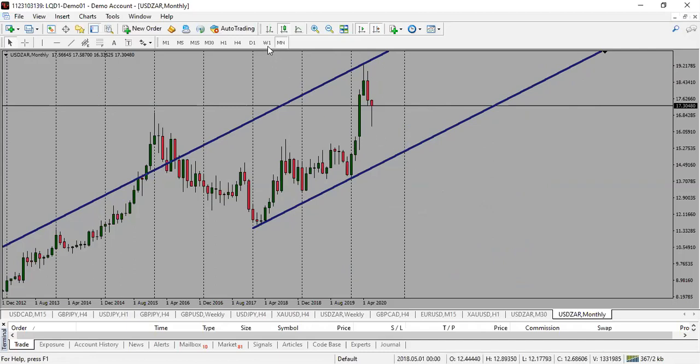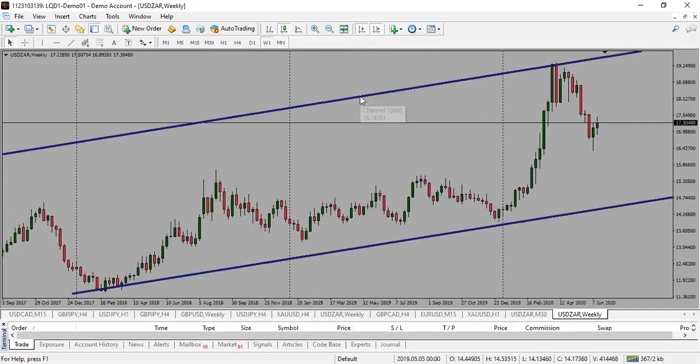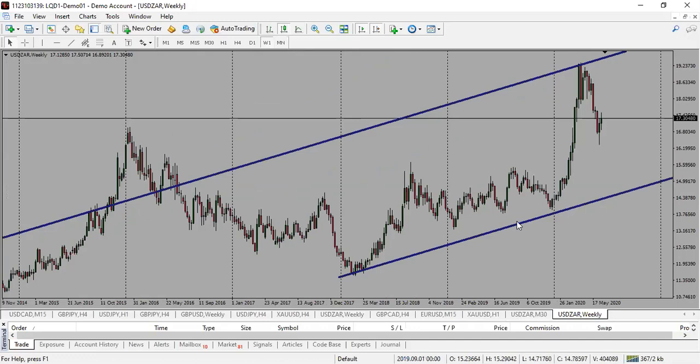Then we shift to weekly, and this is what we see. Like I said, those are the only two tools that they use: the wedge and the trend lines. As you can see, the trend line so far. On the weekly, I see a big trend line and a wedge.